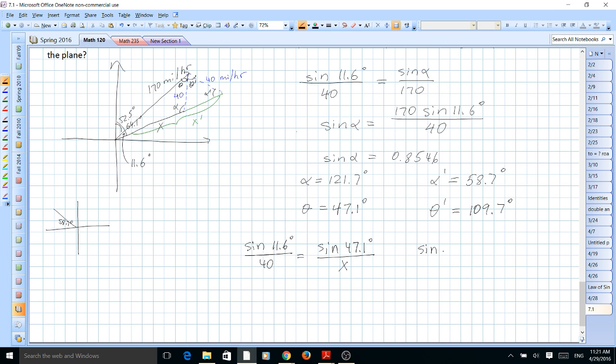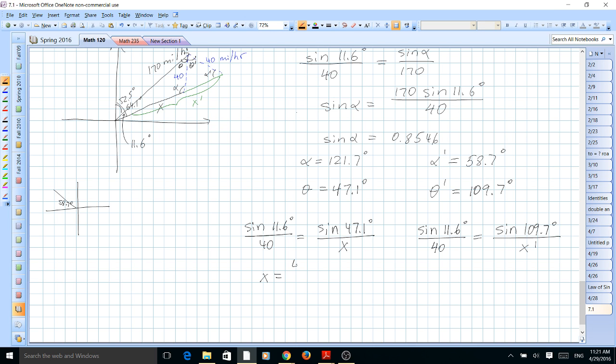Or similarly, I'll have the same proportion, but now I have my other angle, so sine of 109.7 degrees, that's my theta prime, opposite of this whole piece, so that's my x prime.